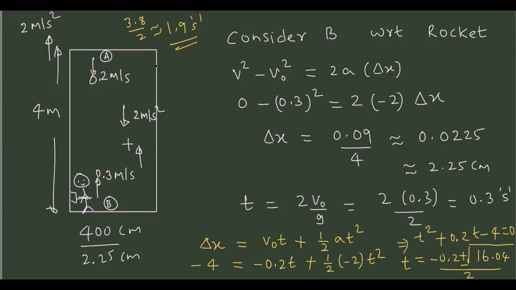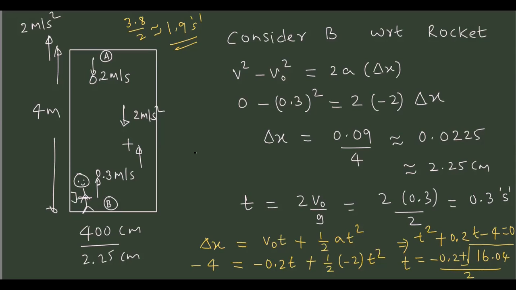So the rocket is moving faster than B, so B will be stuck to the floor of that rocket, right? Yes. So we don't have to worry about B at all in this case. So we're taking B as like a ball of clay. Yes, kind of.